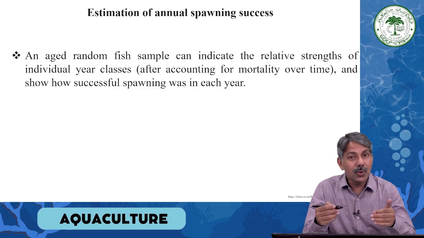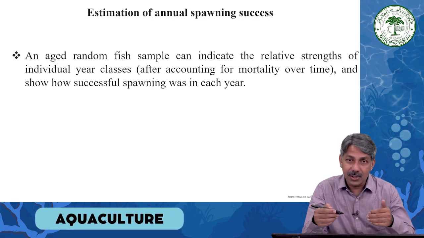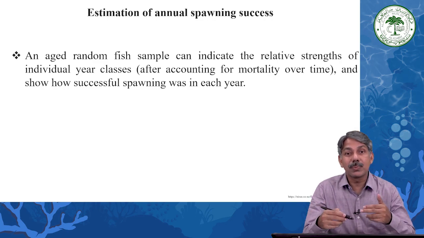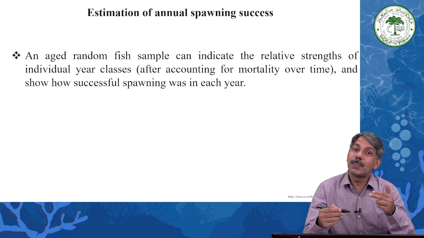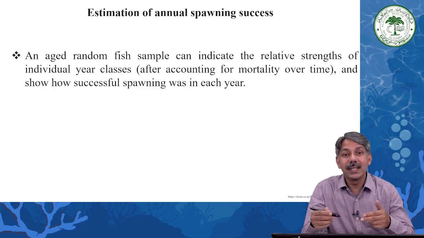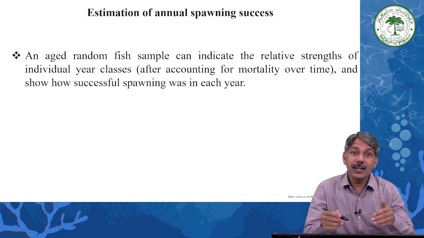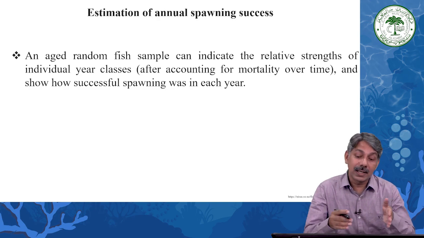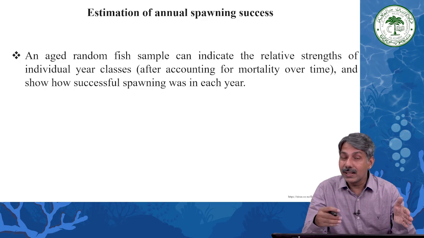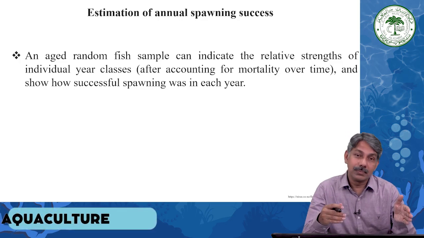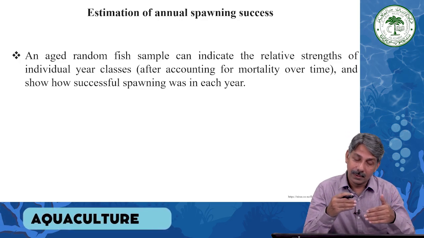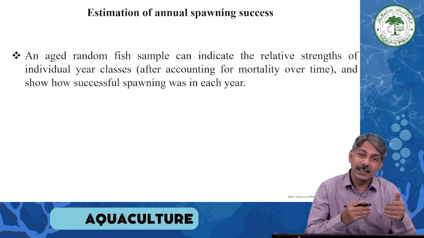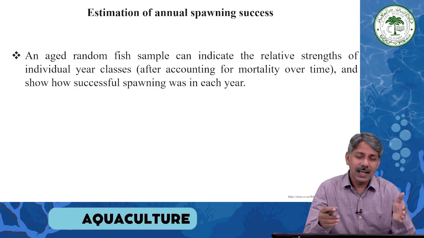And as they progress in age, when they are becoming older, the number of eggs to be produced by that fish per kg of its body weight will be different. Now, a trend you will have to observe and study, whether the number of eggs produced is increasing with age or decreasing with age or random, whatever, that you can have.